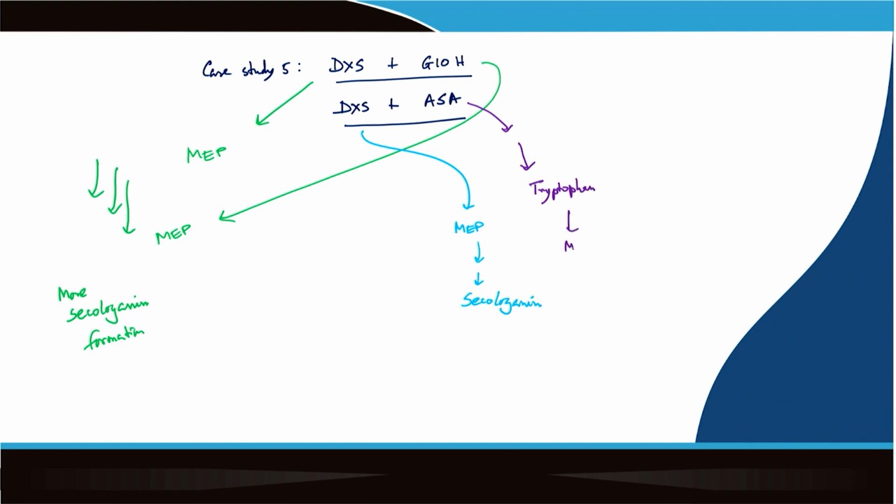So, that means more tryptamine, and more tryptamine plus more secologanin leads to the formation of strictosidine. Here secologanin joins with the normal tryptamine level and makes strictosidine.